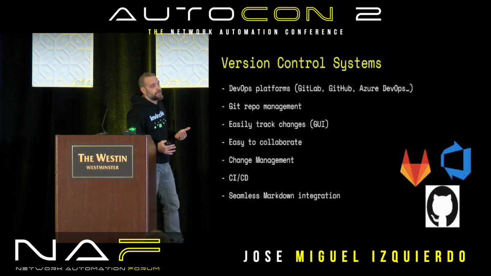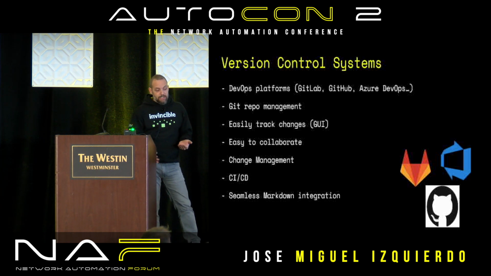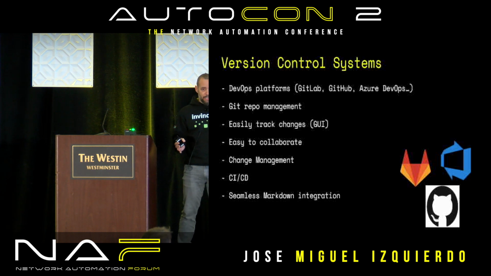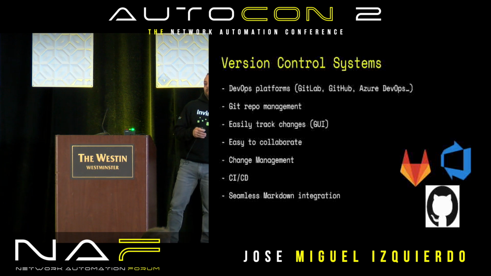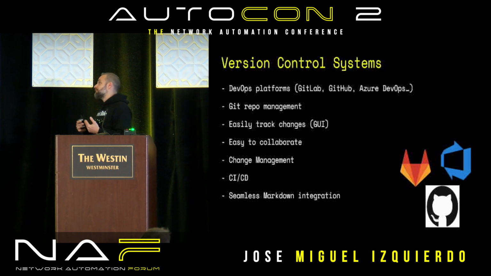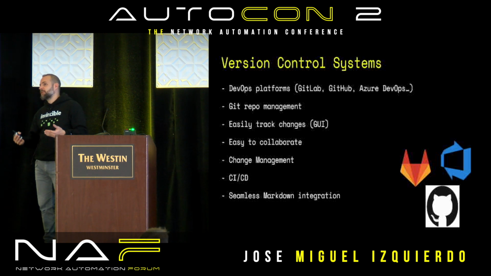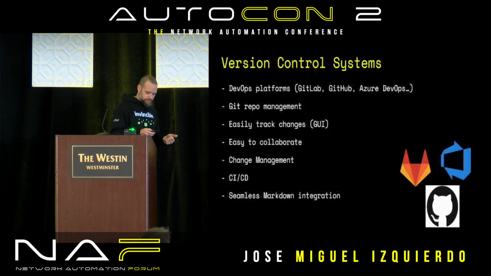So makes things very, very easy to collaborate. It integrates seamlessly with the Git repo. It's widely used with the DevOps teams as well. And as we see here, it has seamless integration with Markdown. Most of the repos or the README files that you are reading, sometimes they are written in Markdown and being hosted in one of these version control systems.